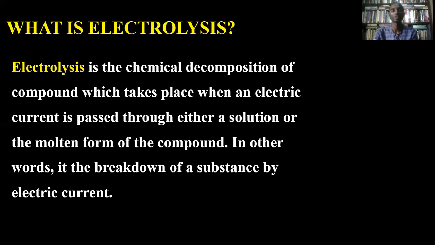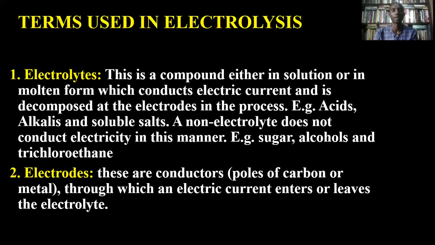All right, let's look at some terms we need to know very closely in electrolysis. Electrolytes. Still remember that in our last class, we talked about electrolytes. Electrolytes are compounds, either in solution or in molten form, which conduct electric current and are decomposed at the electrodes in the process.